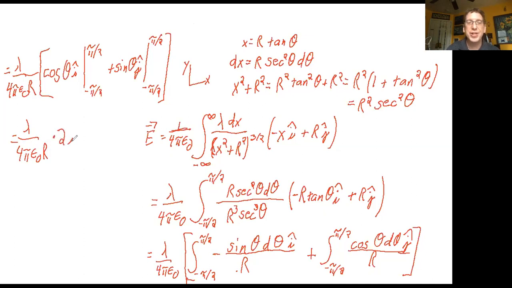So you can write that as 2 j hat, or simply lambda over 2 pi epsilon naught r j hat. This is the magnitude of the electric field, and it decreases inversely with r, the distance you are away from the wire. And it's in the j hat direction, which means directly out of the wire.